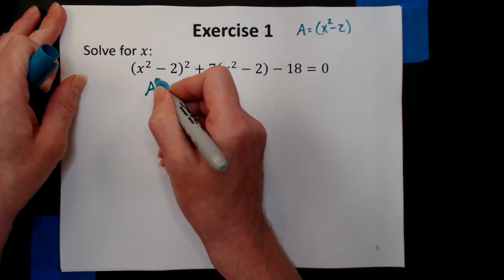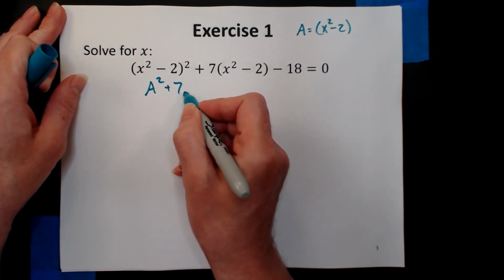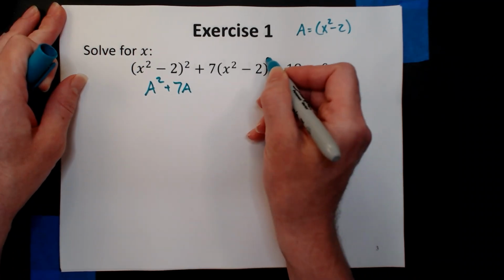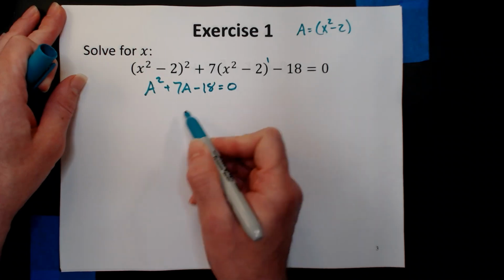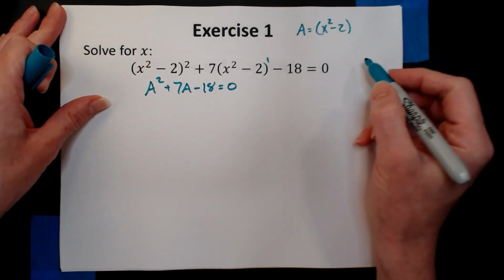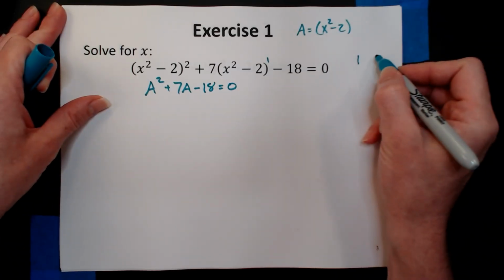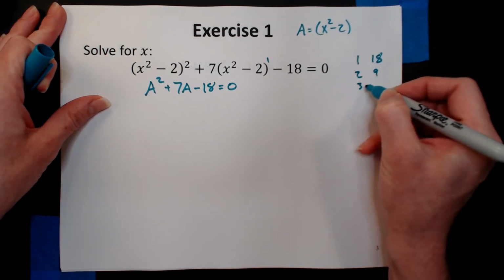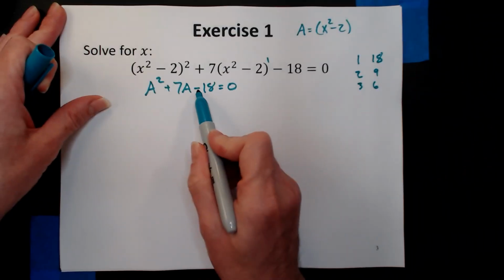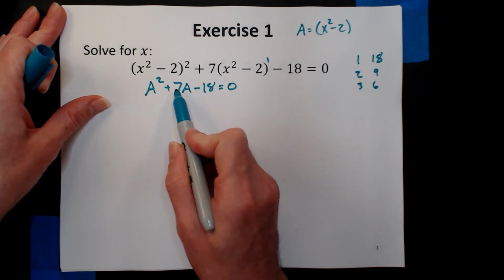So I'm going to have A squared plus 7A to the first, and then minus 18 equals 0. We need two numbers, so we go over here to our factors of 18. We have 1 and 18, 2 and 9, 3 and 6. I'm looking for a difference, because the constant is negative, whose difference is going to be 7.